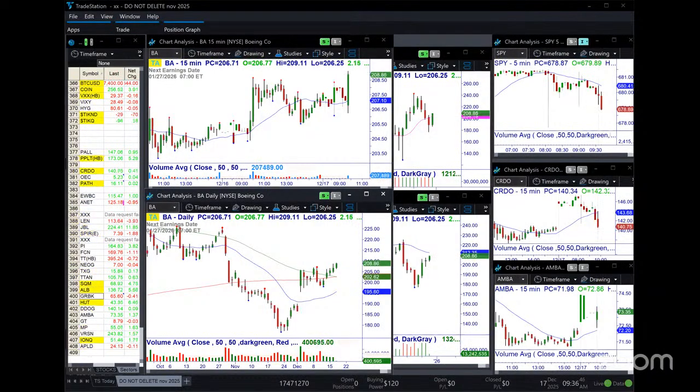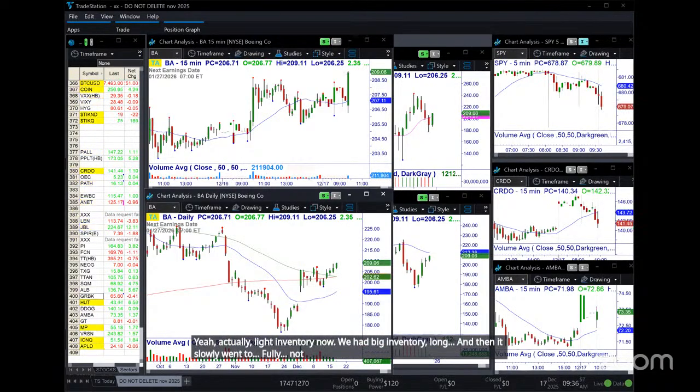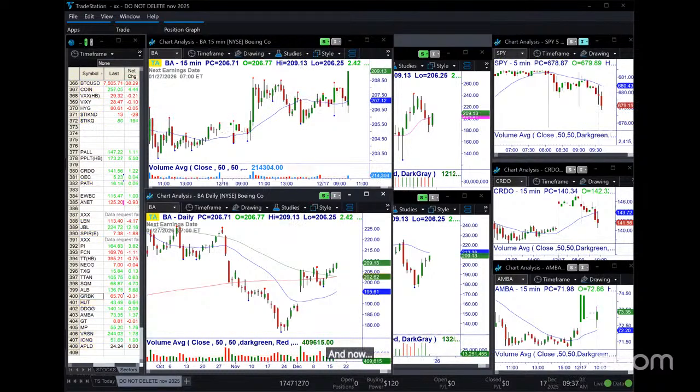We have actually light inventory now. We had big inventory long, and then it slowly went to more short. And now it's interesting. Basically, you can't make up your mind whether you want to be long or short. No, exactly opposite.